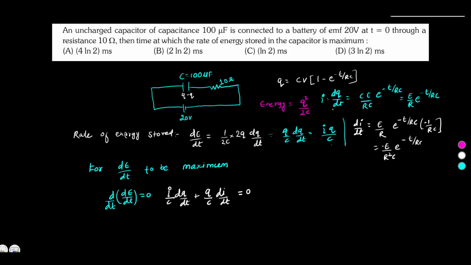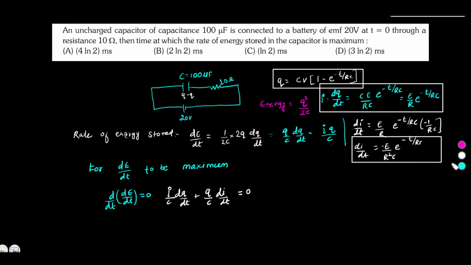We have calculated the value of I. If I substitute the values, you can see C and C cancel because they are in the denominator. So I simply write I dQ by dt equals minus Q dI by dt. A lot of calculations are there, but these are very elementary calculations.